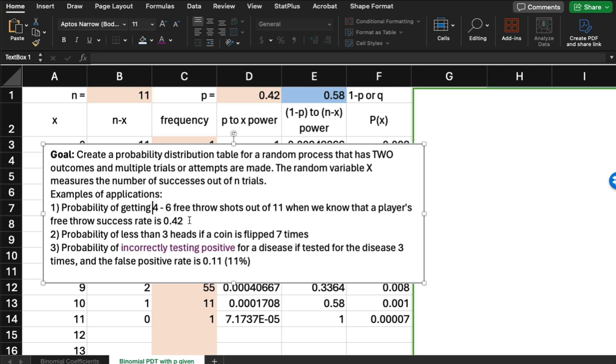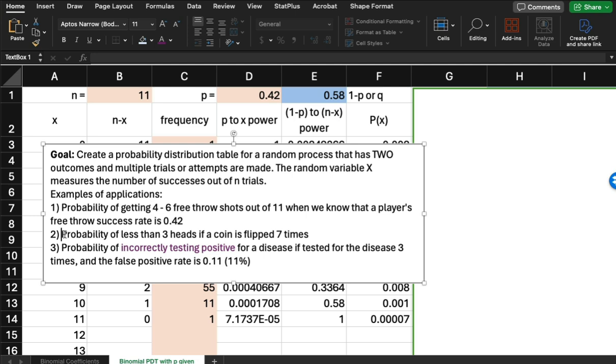So we have a player, their success rate is 42%. So 42% of the time they make their shot. So what is the probability of them getting somewhere between 4 and 6 out of 11? We can calculate that using this table.